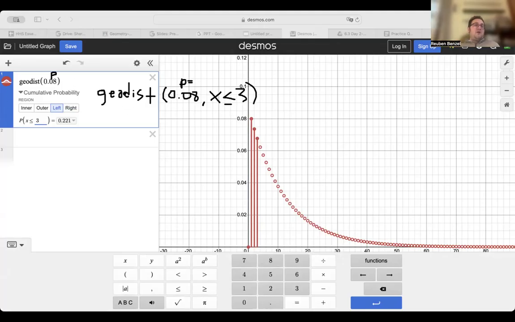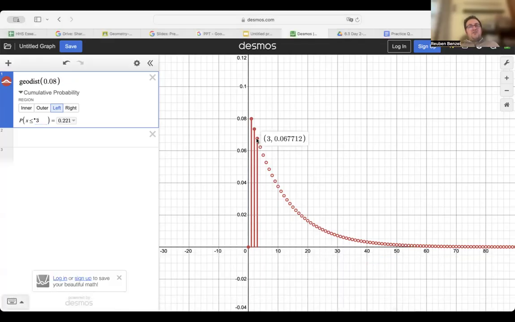Now, let's say that we wanted to change it to exactly equal to 3. In order to do that, you would just change your menu, or even better yet, you could just click on the 3 and it's 0.0677.